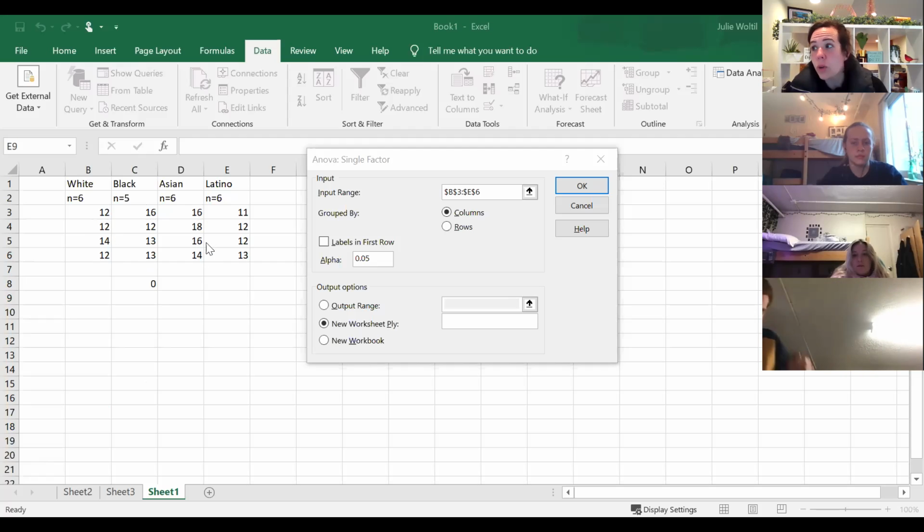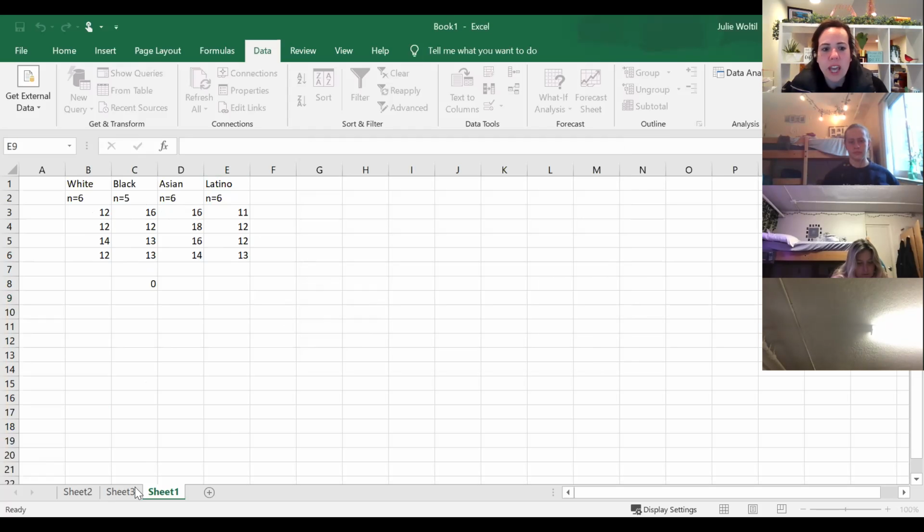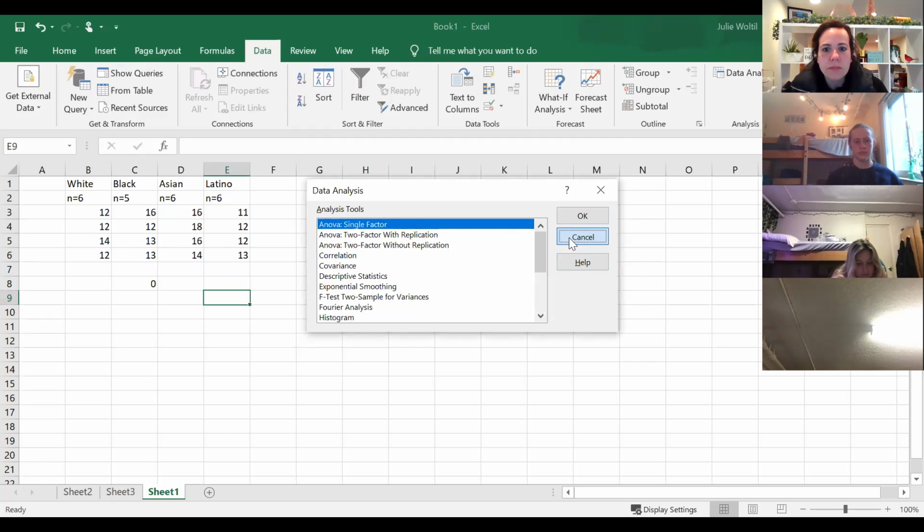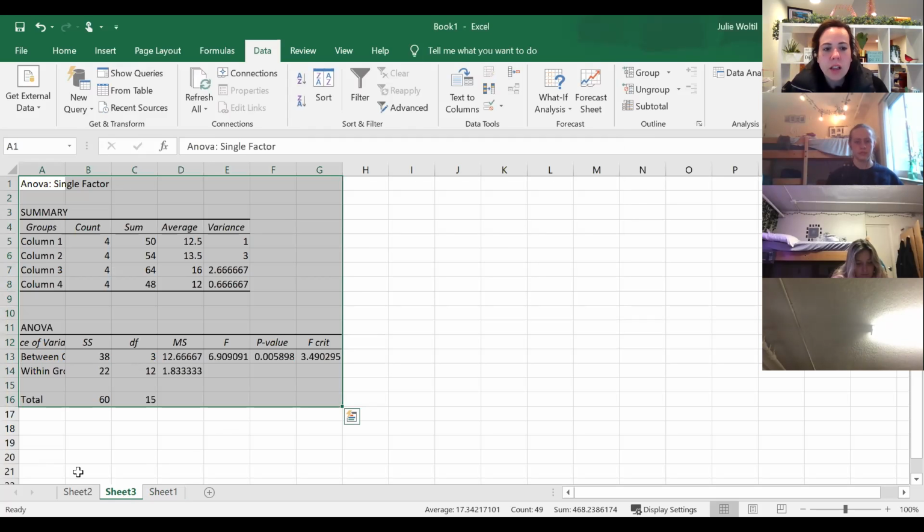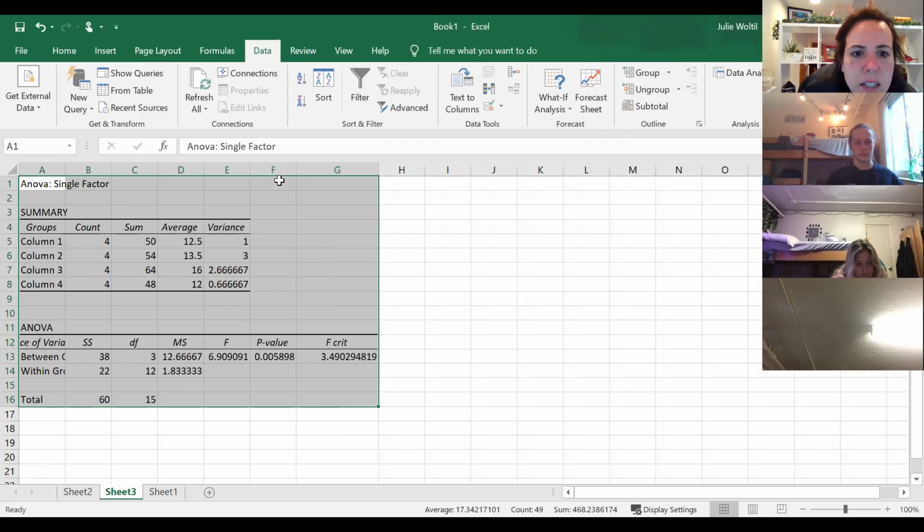So it's a little weird example from your textbook. Anyway, you click OK by highlighting all of your data over here. Then if you press OK, this is what you end up getting. Let me make this bigger. Can you guys all see this?